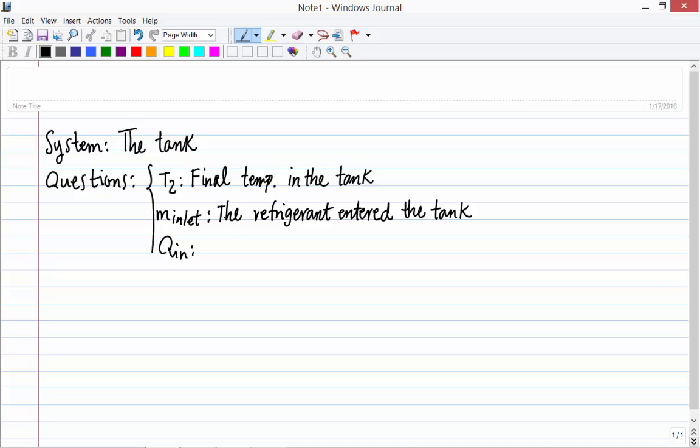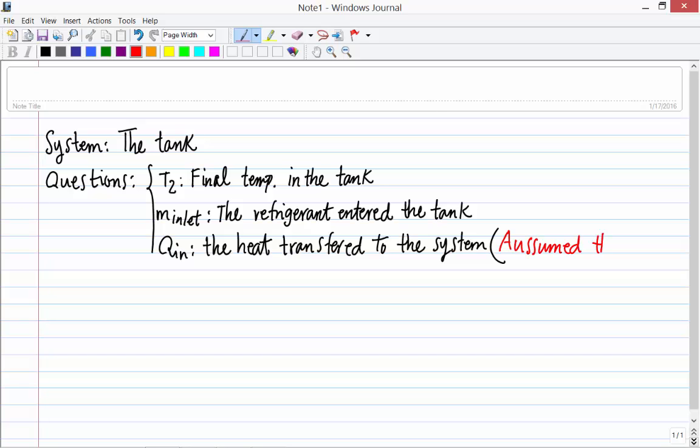This is an assumption. I assumed the direction.